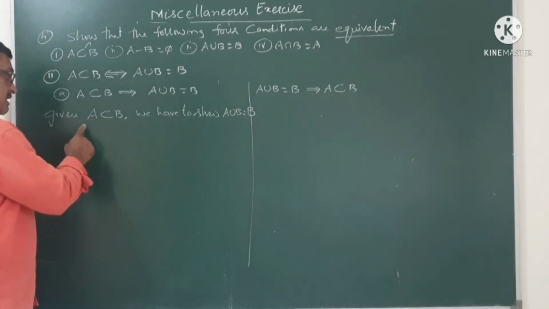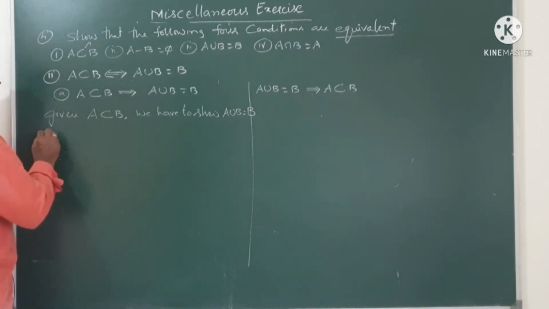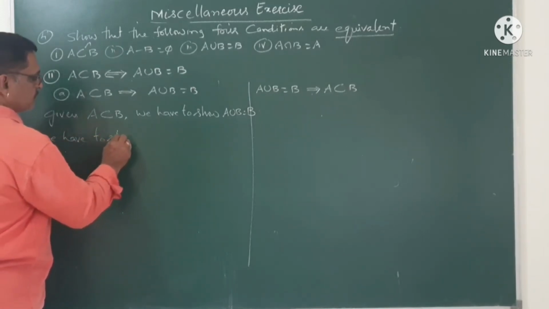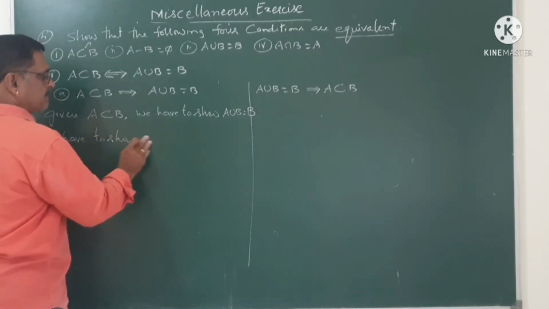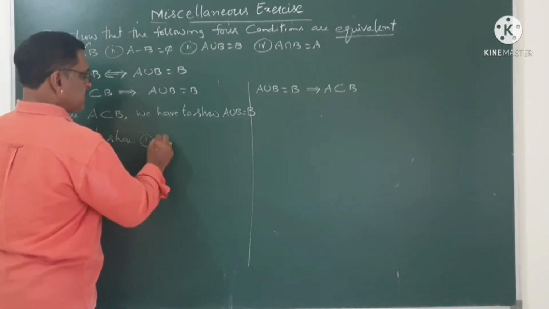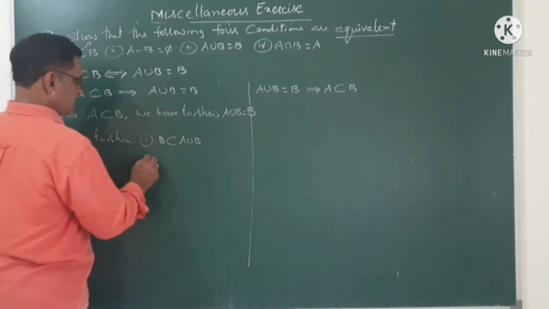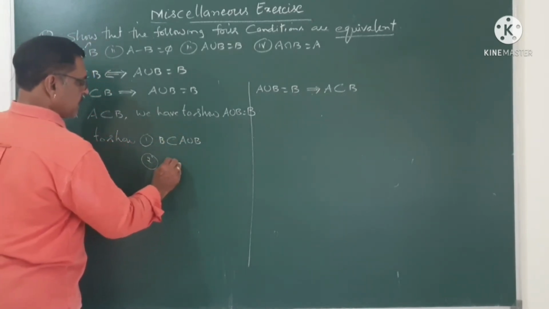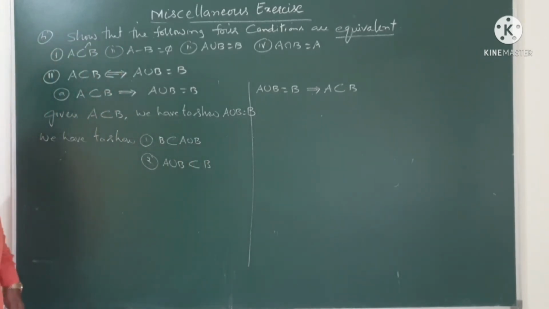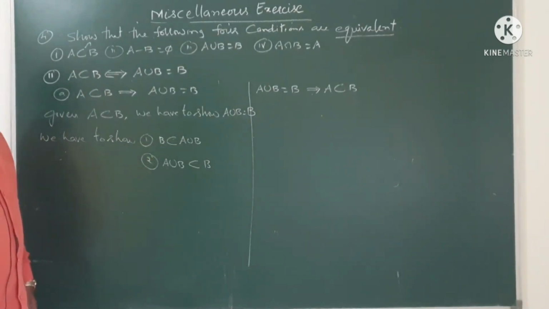Now here, because A is a subset of B, we have to show number 1, B is a subset of A union B. Number 2, A union B is a subset of B. Now, I say the first one is obvious.